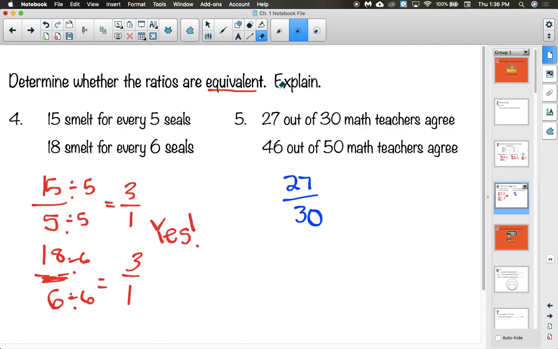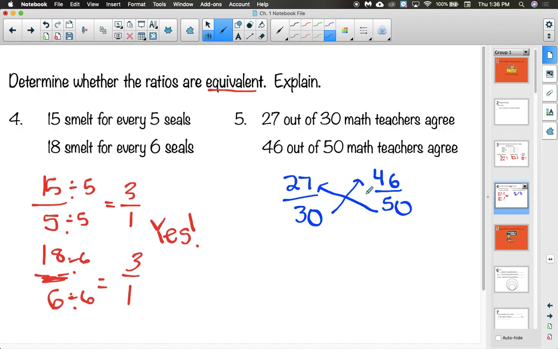So I can write that ratio as well, which is 46 to 50. And I could do the same thing I did in example 4 where I simplify them both and see if they're equal, or I can test the cross products.